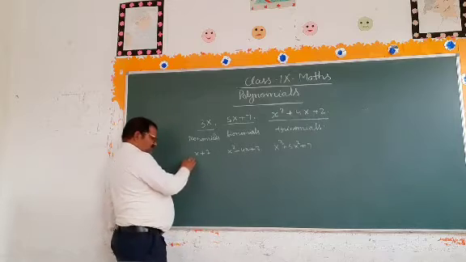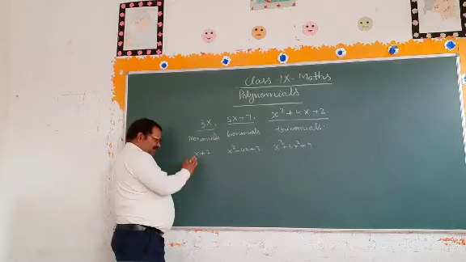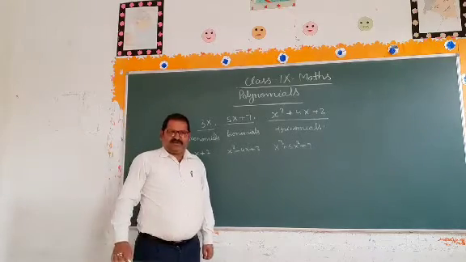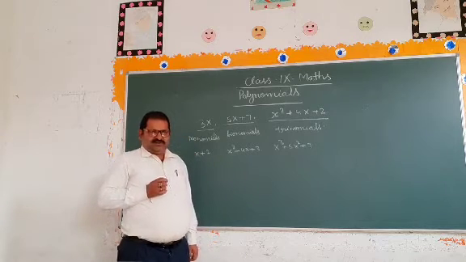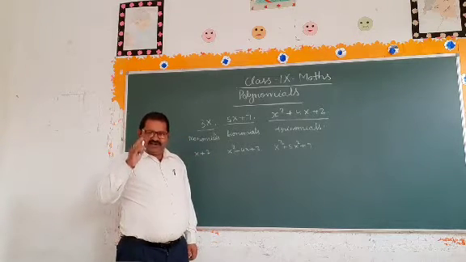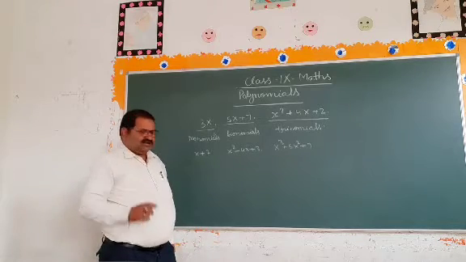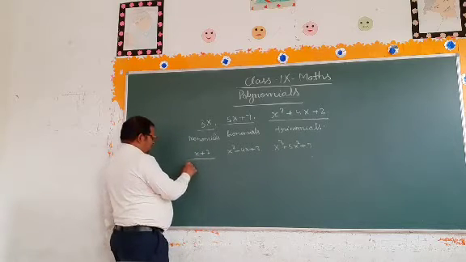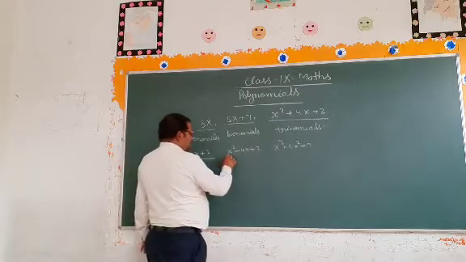In x plus 2, the degree of the variable x is 1. That is called a linear polynomial.